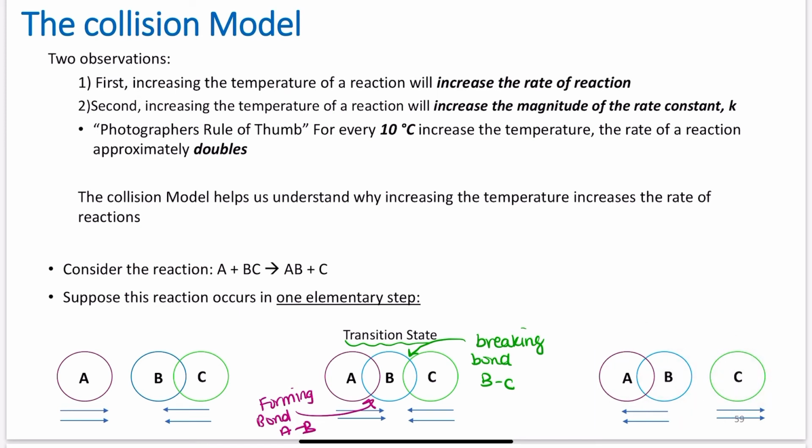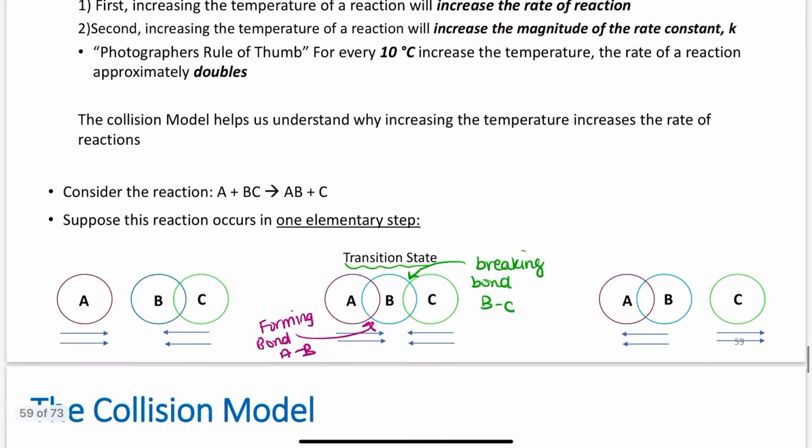This is what I mean by the collision model: A comes together with BC, undergoes some kind of transition state, and once complete, AB goes off in its own direction, and C goes off in the opposite direction.